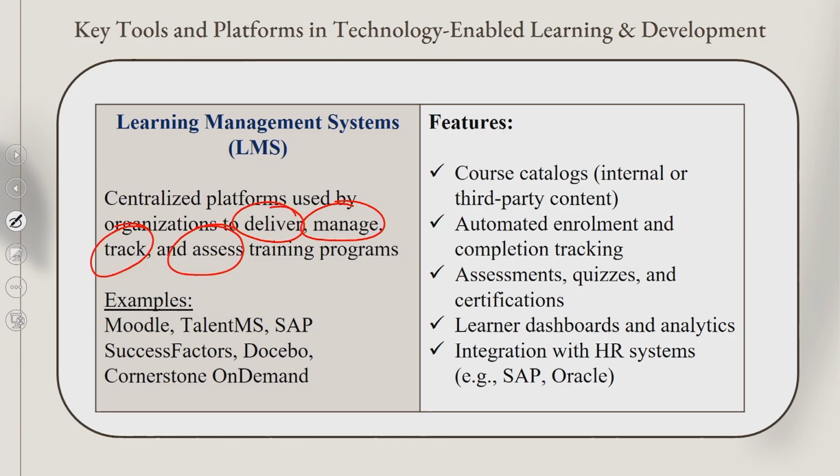You'll have integration with HR systems, that is SAP, Oracle, etc. Among the examples, many of you would have already worked in Moodle. You have TalentLMS, SAP SuccessFactors, Cornerstone on Demand. All these are typical examples of learning management systems.